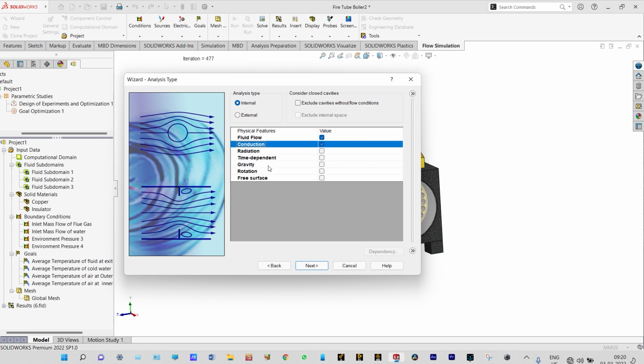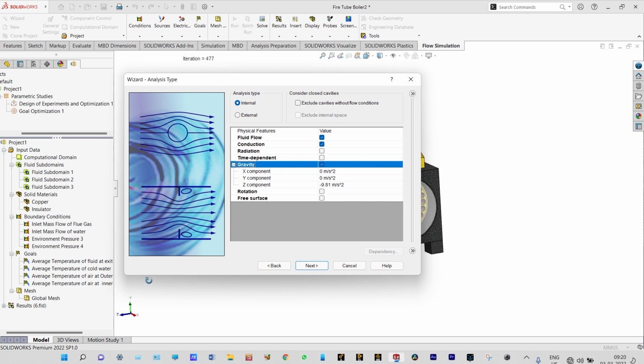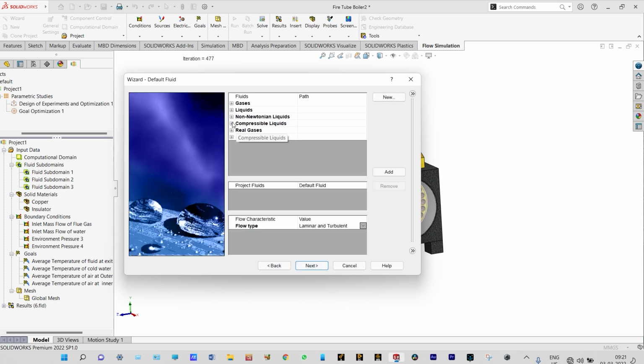From physical features, we need to select fluid flow, and it is conduction definitely. In this case, gravity will be involved, and the direction of gravity is indicated by Y here itself, which is in the upward direction. It will be minus 9.81 meter per second squared along the Y direction, and along Z it will be 0. Next, we need to select fluids or gases.